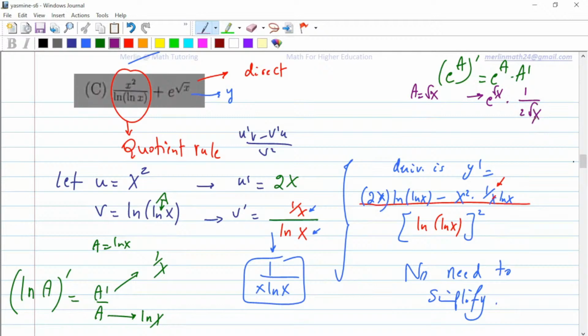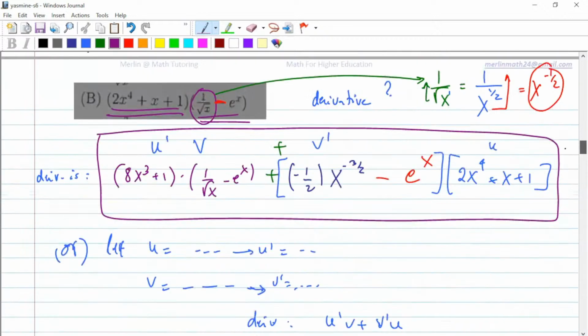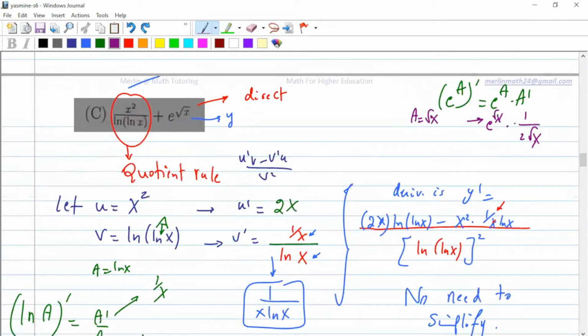We have done the derivative of x power half right here, that's exactly x power minus half. We have done harder. So this answer should go all to the front, so it should be plus e power radical x times 1 over 2 root x.